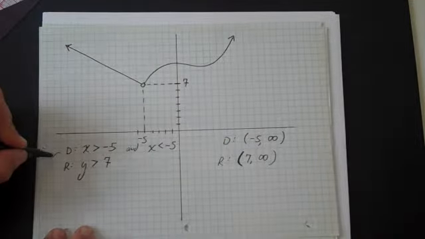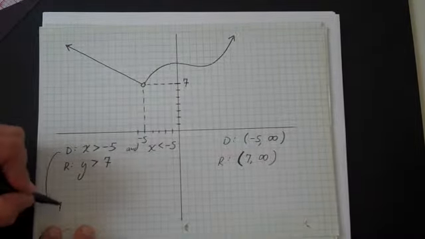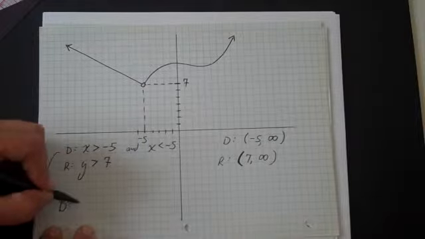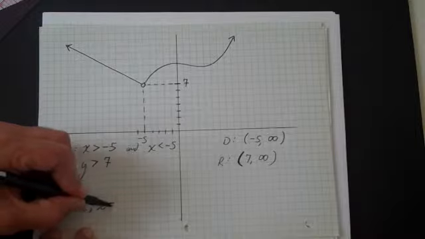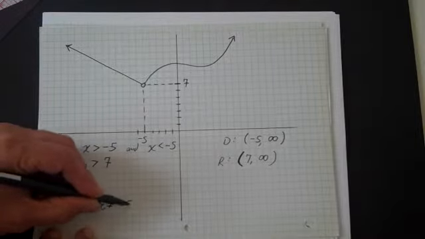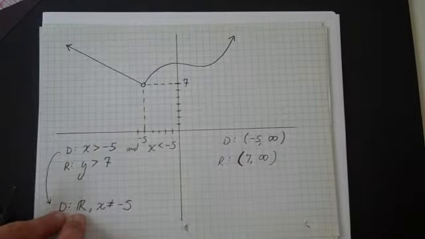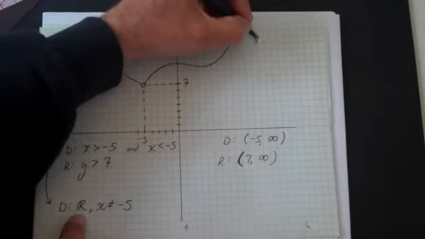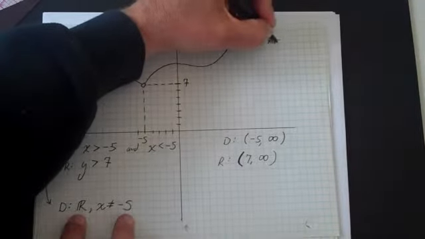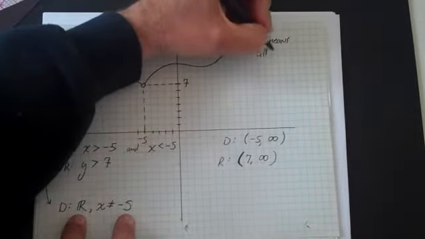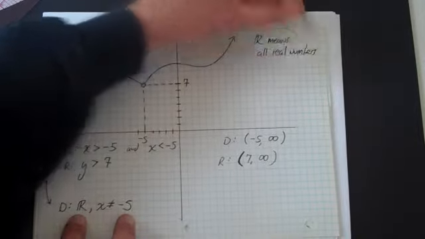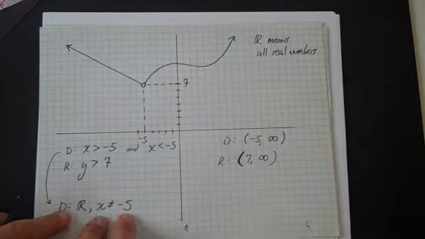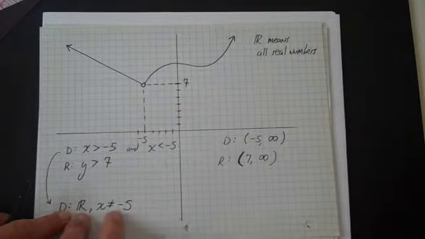We might want a more convenient notation for that, so we often say all real numbers, but x is not equal to minus 5. The symbol for all real numbers is an R with an extra post, and it means all real numbers. The x not equal to minus 5 means that it excludes the point x equal to minus 5.